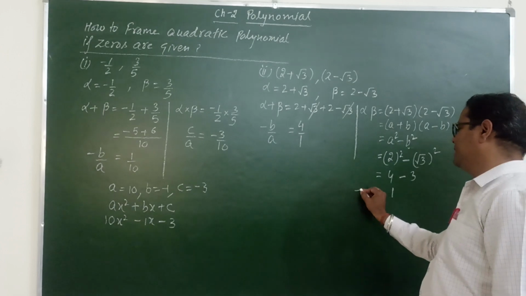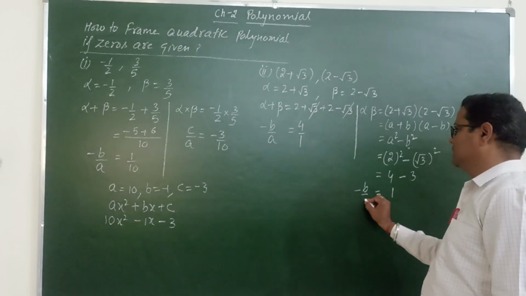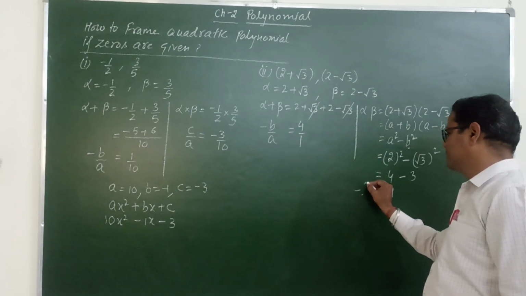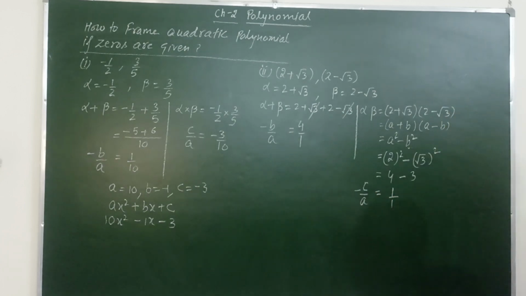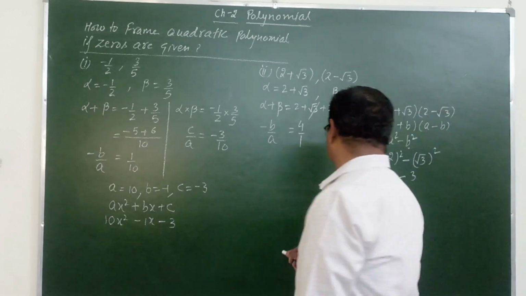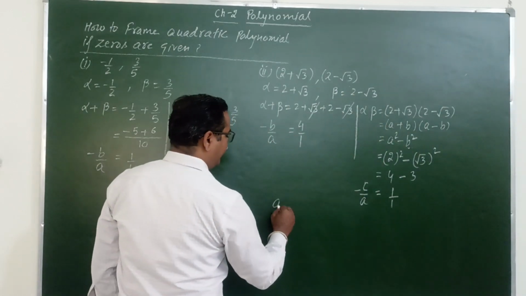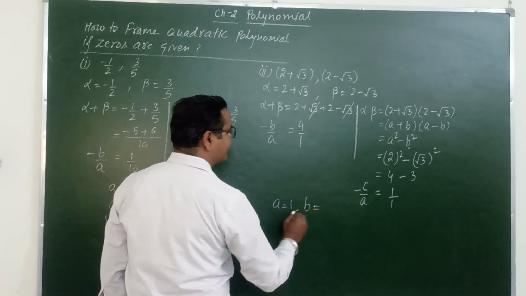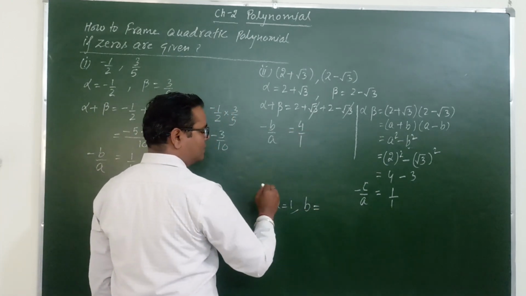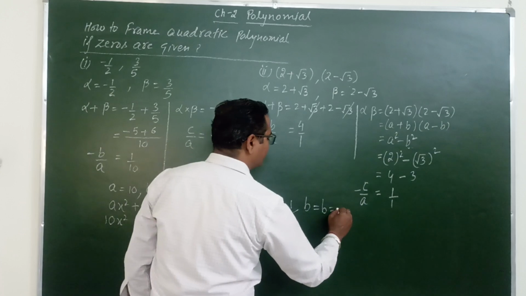So alpha into beta is minus b over a, which is c over a. So it can be written as 1 over 1. So by comparing them, what is the value of a? A is 1. And what about b? Minus b is 4, so that's why b is negative 4.